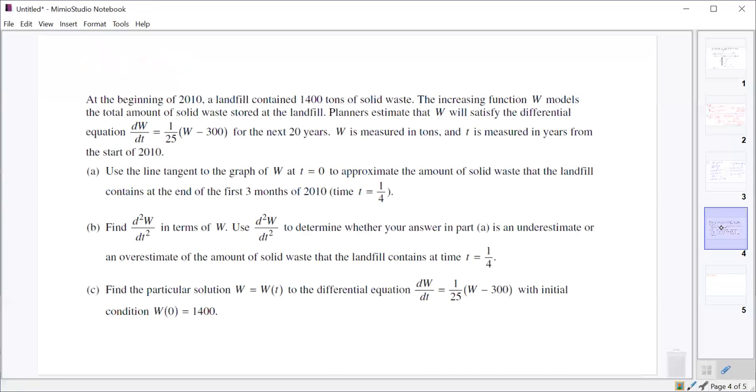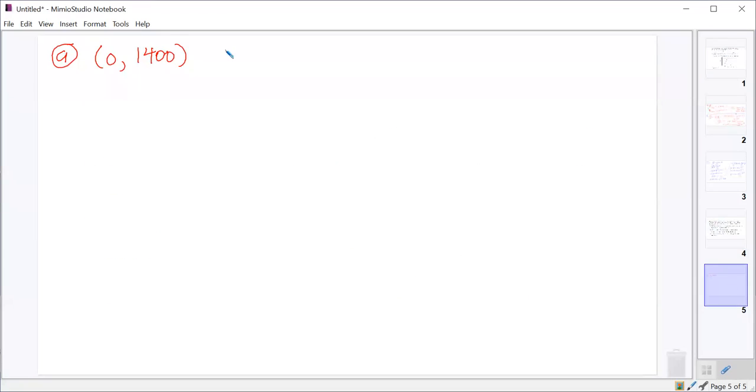And then we need a slope. Our slope will come from dW/dt. So we'll just plug in our initial condition of W equals 1,400 to that. So dW/dt at W equals 1,400 equals, well, what was it, 1/25 of 1,400 minus 300.